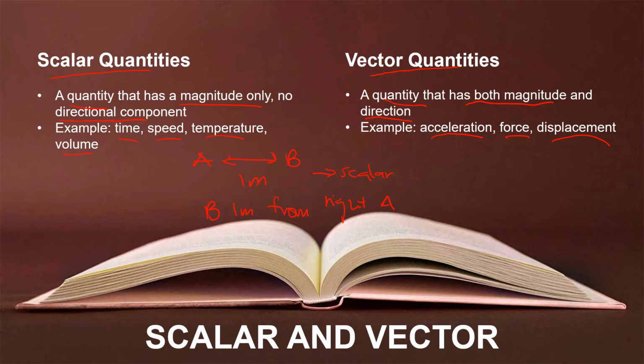Okay, from the right of A ni, so ini adalah vector quantity. Okay, maksudnya bila kita ada nyatakan dia punya direction, this is the direction, so dia akan jadi vector. Okay, kalau tak ada direction, dia adalah scalar quantity.